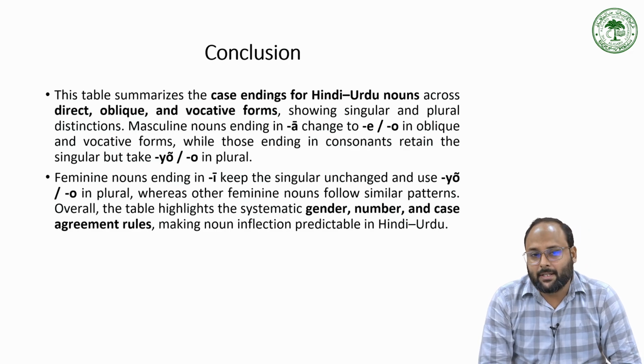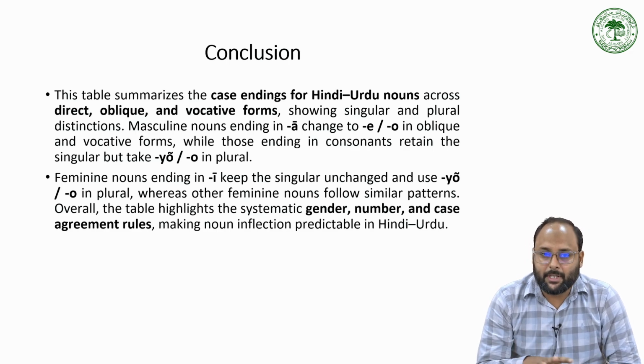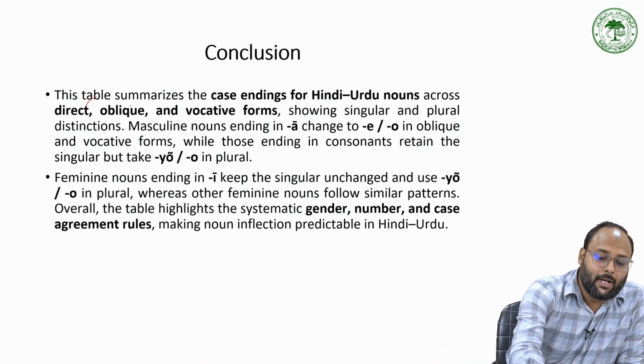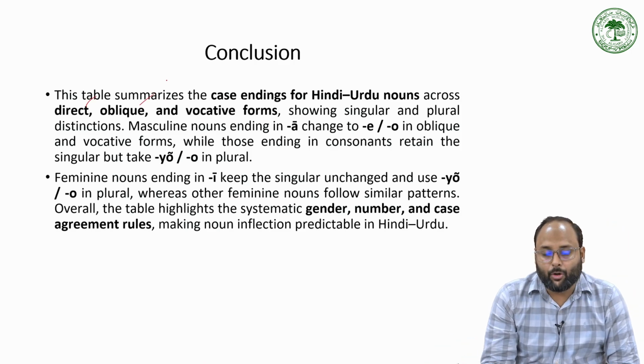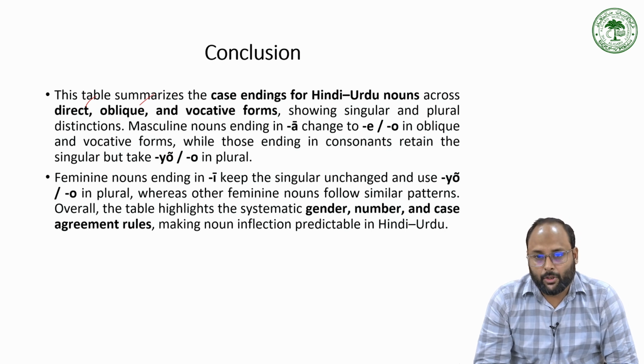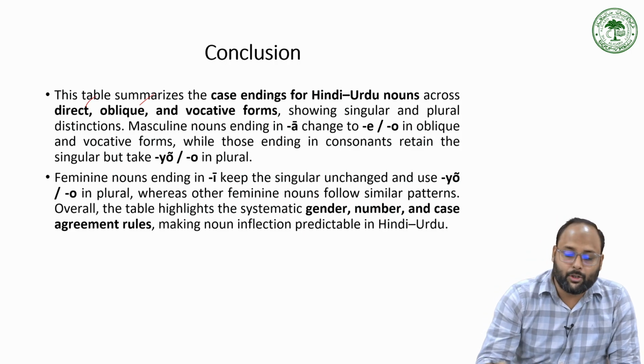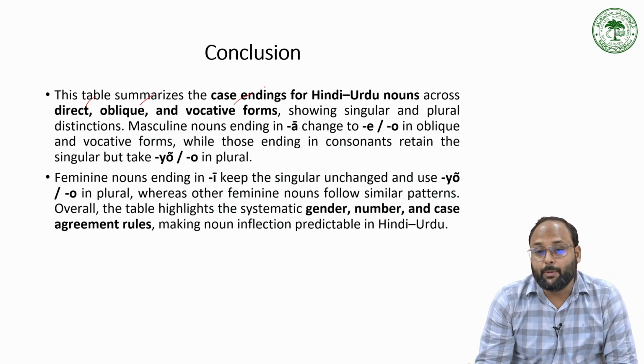The direct case occurs in the base form, either in subject, object, or complement position. The oblique case occurs when a base noun is followed by a postposition. Sometimes it changes due to the postposition, sometimes it does not change. And for the vocative case, the noun occurs independently anywhere in a sentence, like 'ऐ लड़की', 'ओ लड़को'.